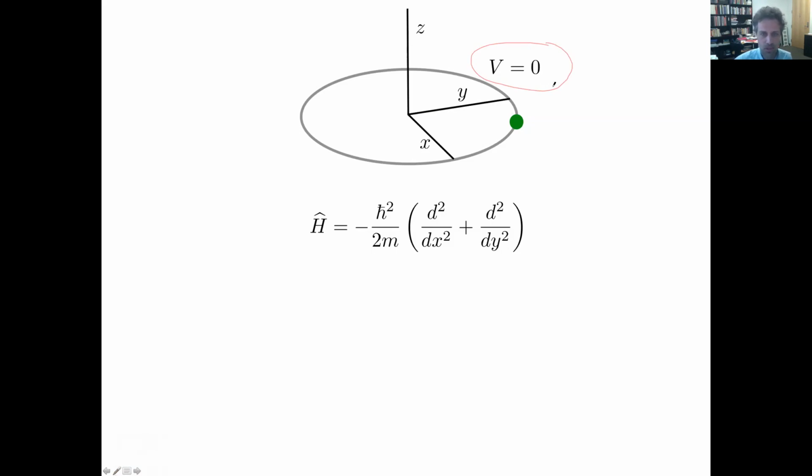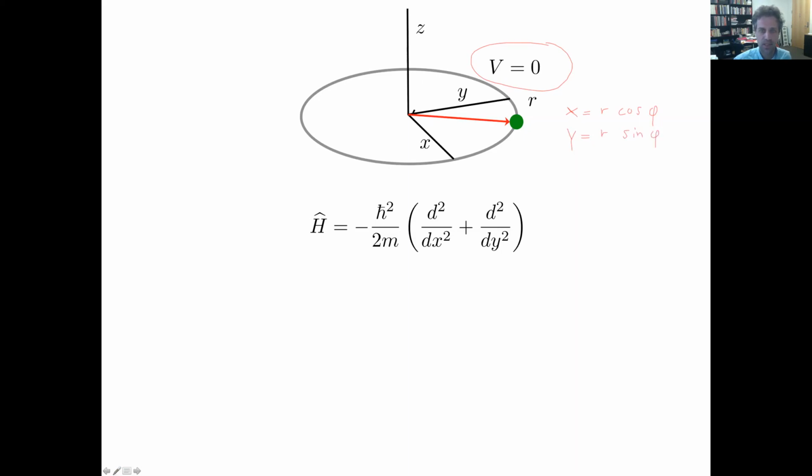So what I'm going to do now is not write this in terms of x and y, but in terms of r. I'm trying to write this in terms of polar coordinates. Polar coordinates, as you know, can be defined as r times cosine of the angle, and this is r times the sine of the same angle.